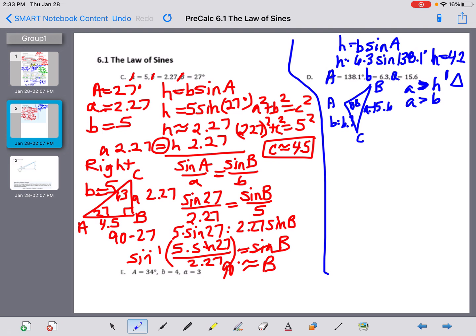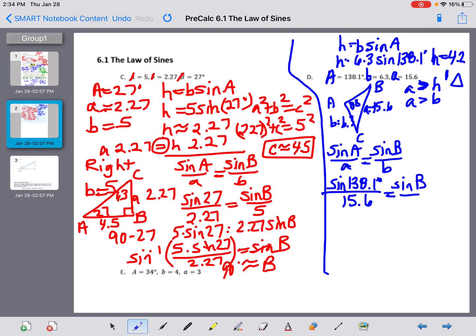Okay, we're solving. Which one do I know both of? A and a right now. So I'm going to do sine of A over a, and because I have a side B, I'm going to solve for angle B. All right, so I plug in my angle A of 138.1 over side a, which is 15.6, equals my angle B, which I don't know, over side B, which is 6.3.